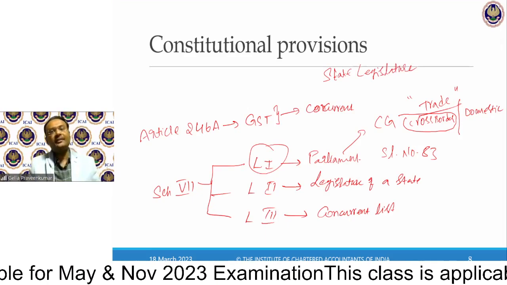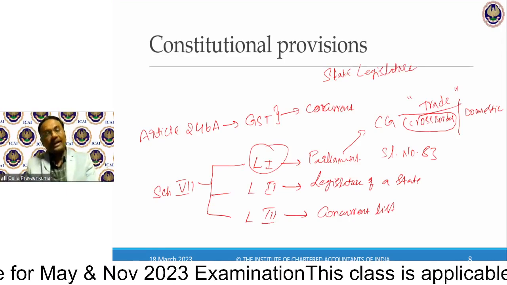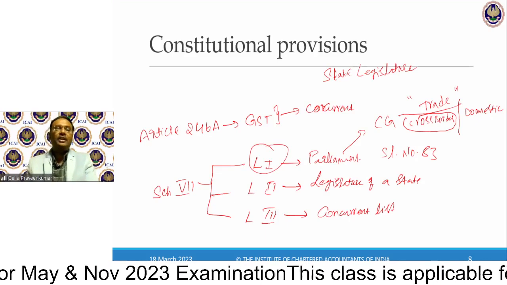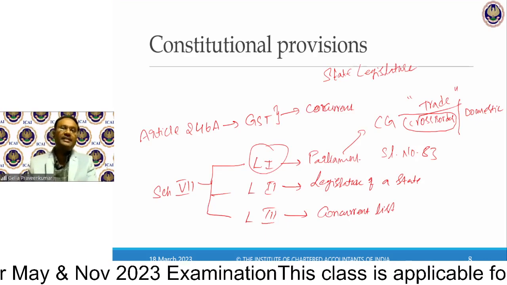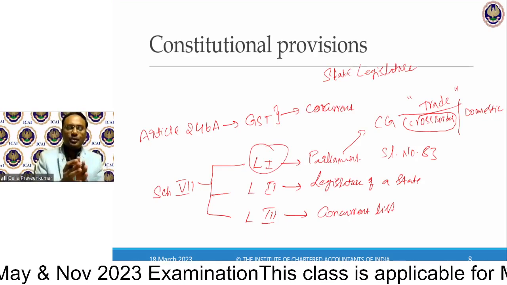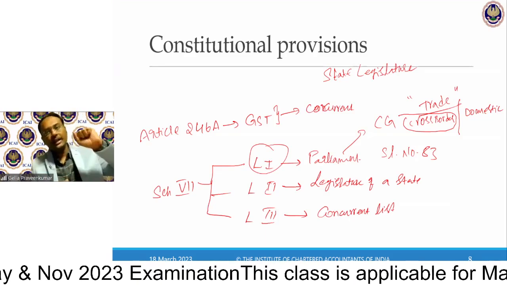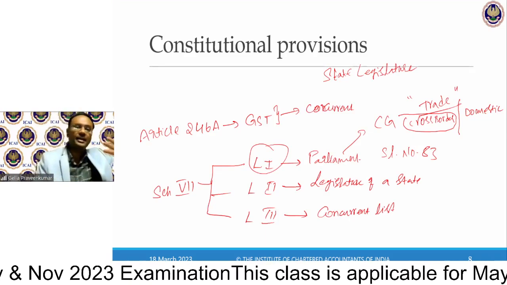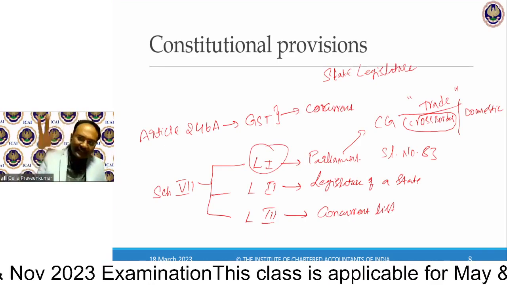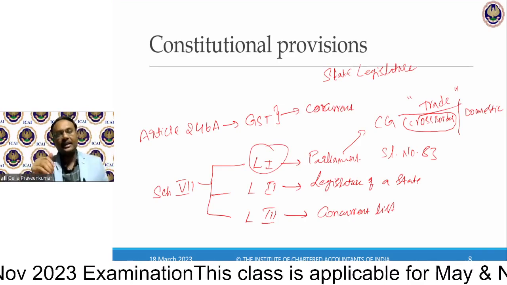If Hindustan Unilever is registered in the state of Maharashtra, and the Maharashtra state government says, I want to levy this customs duty, actually this is an import-export, which has nothing to do with domestic trade. So to bifurcate this trade, all my imports and exports are dealt with separately under customs law, and all the trade happening within India, within the domestic area, is dealt with separately under GST.